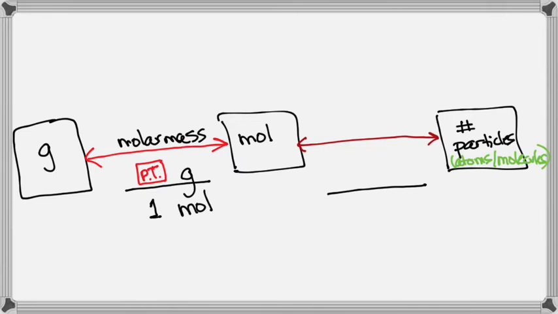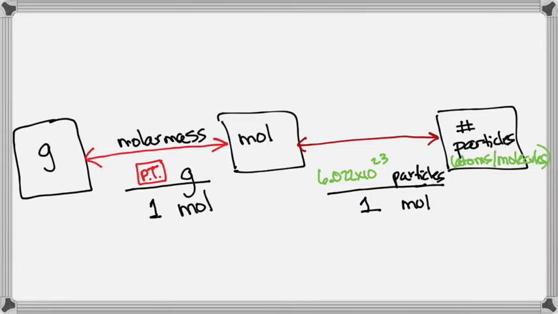So I'm going to put my particle up here, and again, you're going to see it listed in this chapter as atoms or molecules as your particle per mole, and again it is per 1 mole, but the number that you are going to be using for particles is a set 6.022 times 10 to the 23rd, which is Avogadro's number. You do need to memorize Avogadro's number. As far as the periodic table goes, on our quizzes and tests, you will have a periodic table to look at. You just have to know how to use it properly.